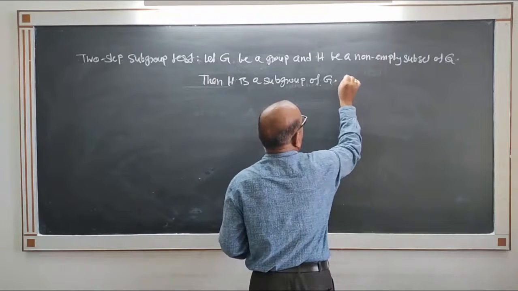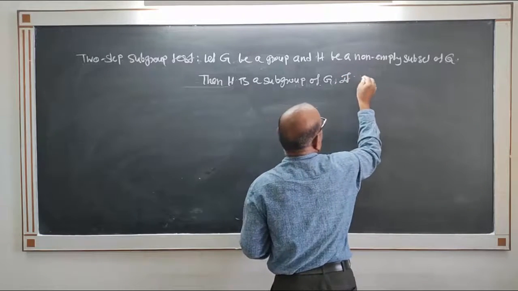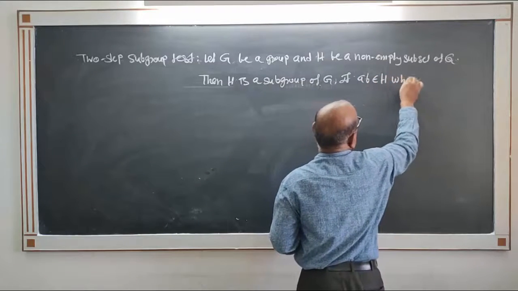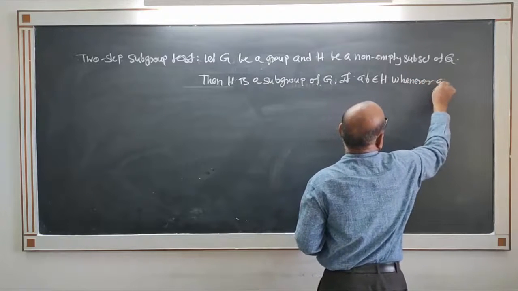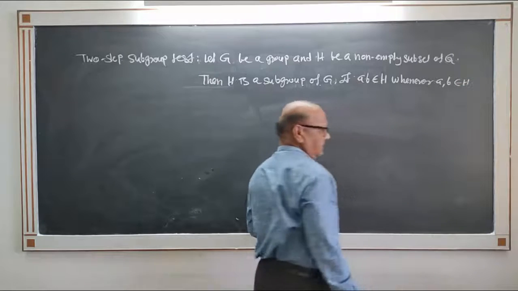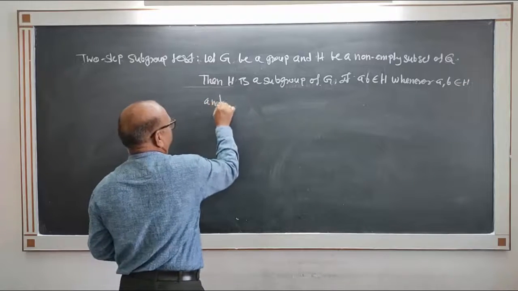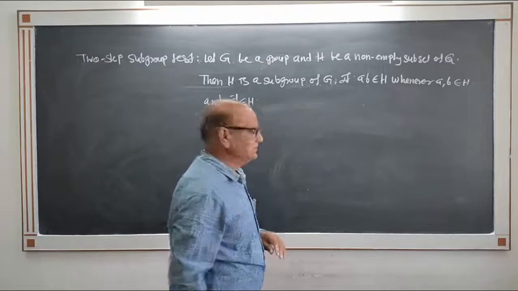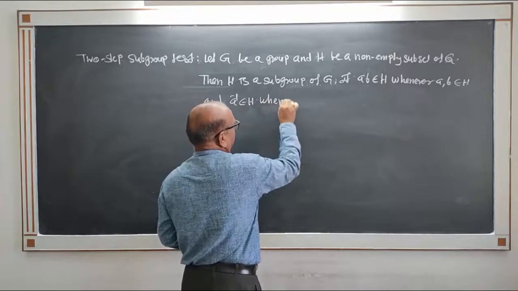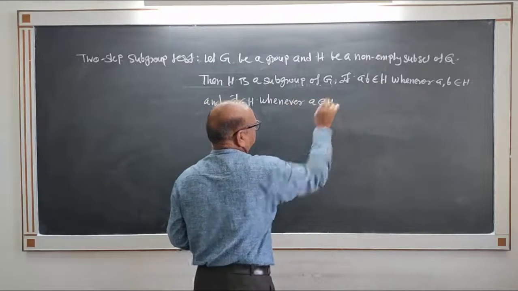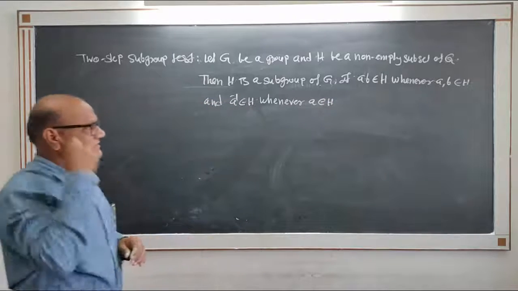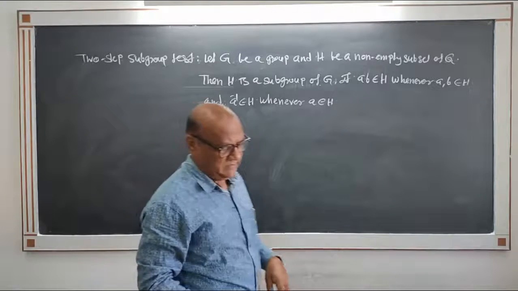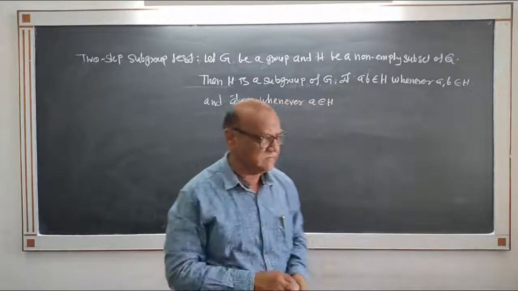AB, that means closure property, belongs to H whenever A, B belong to H, and A inverse belongs to H whenever A belongs to H. Here, two axioms are given, group axioms: closure property and inverse.